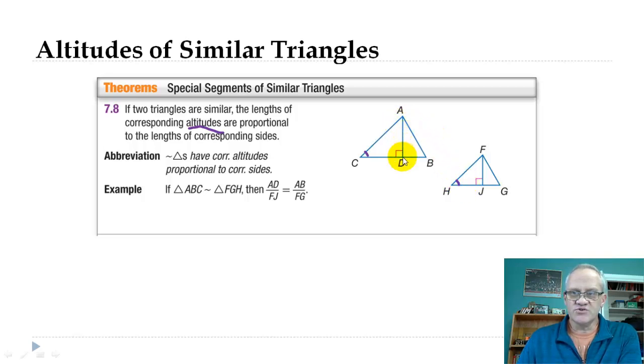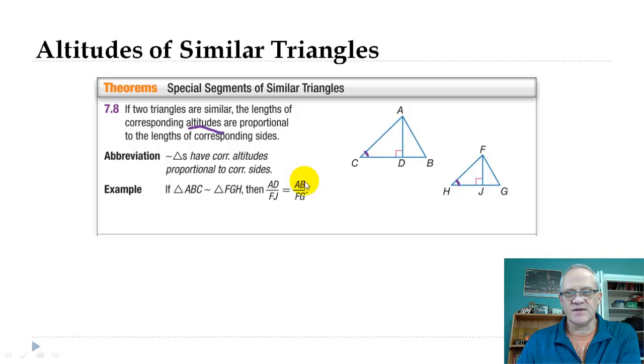If you look at the triangle made by the 90-degree angle, the two 90-degree angles are the same, and the one mark on C and H tells us those are the same. So that means CAD has to be similar to HFJ. Therefore, these two triangles to the side here are also similar, and all their sides are in the same ratio as the sides of the big triangle.